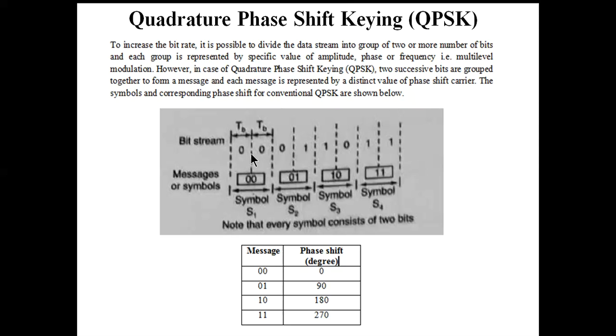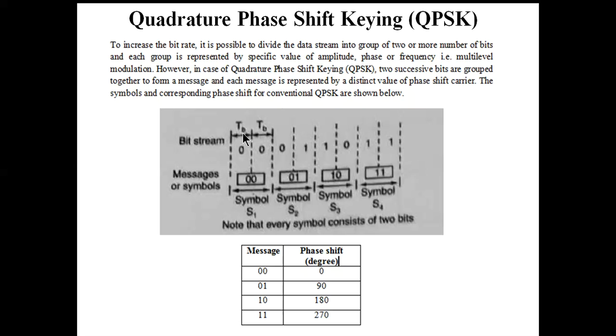Here you can see that if we select only 2 bits, where each incoming bit can be 0 or 1, 4 combinations are possible: 0 0, 0 1, 1 0 and 1 1. By making two successive bits as one symbol, 0 0 can be considered as the first symbol, 0 1 as the second symbol, 1 0 as the third symbol, and 1 1 as the fourth symbol.